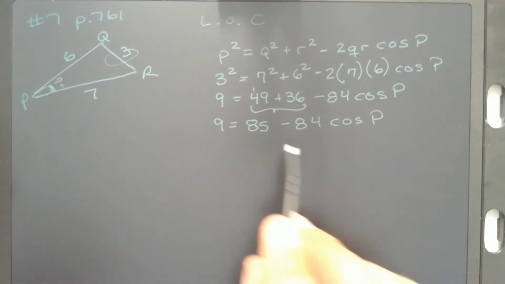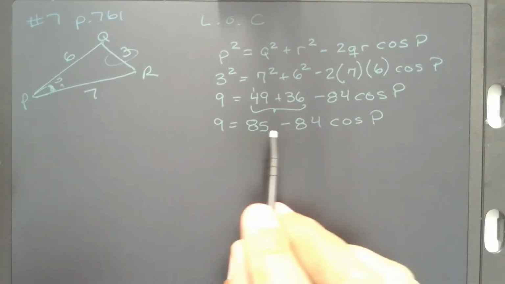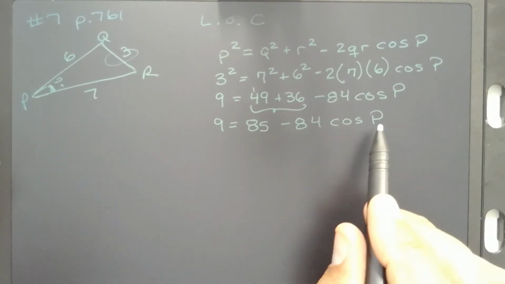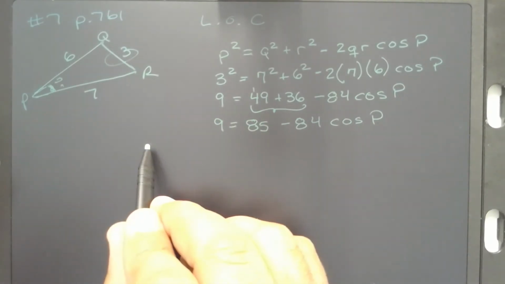In this case, guys, we cannot combine these two. Very important. We cannot combine these two because this is multiplication on this side. So we have to bring this over to this side.